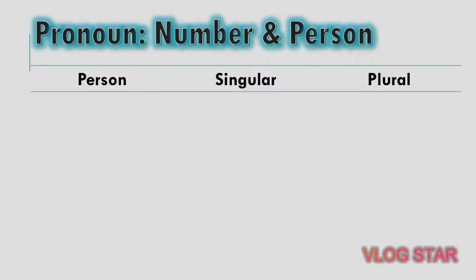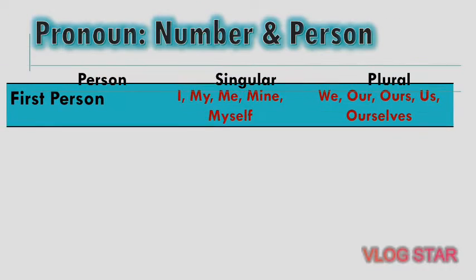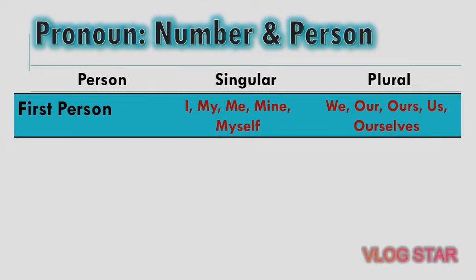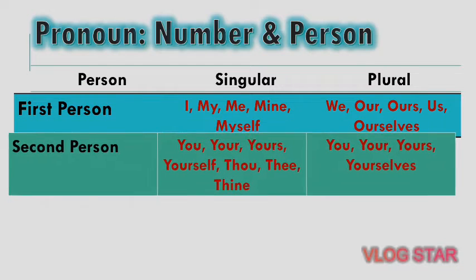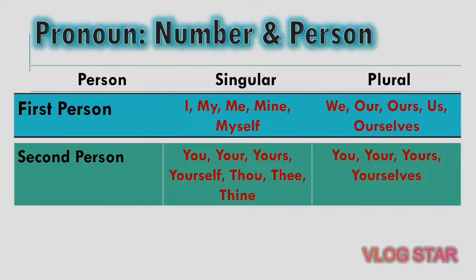We all can see the first person pronouns like I, my, me, mine, myself, and the plural will be we, our, ours, us, ourselves. For the second person pronouns: you, your, yours, yourself, thou, thee, thine, these are the second person singular pronouns. And the second person plural pronouns will be you, yours, yourselves.